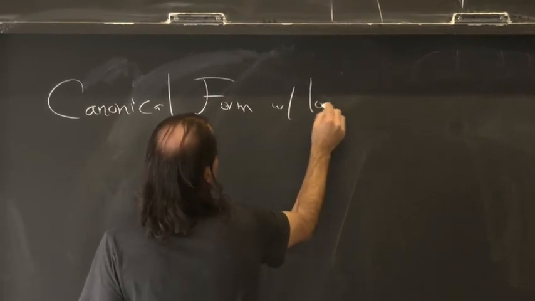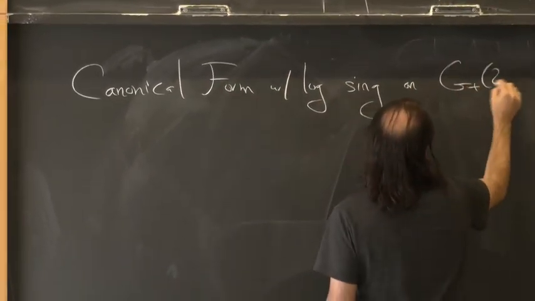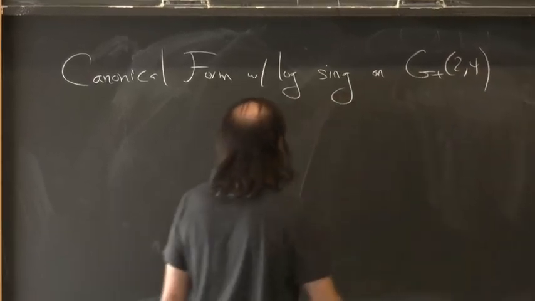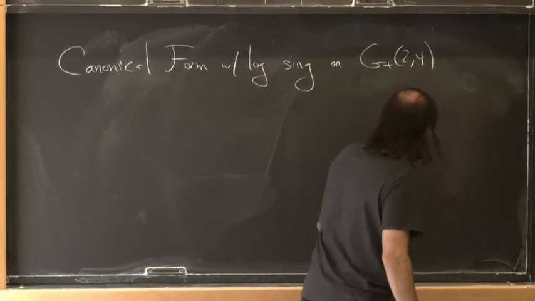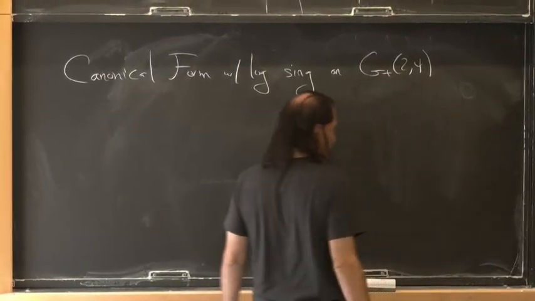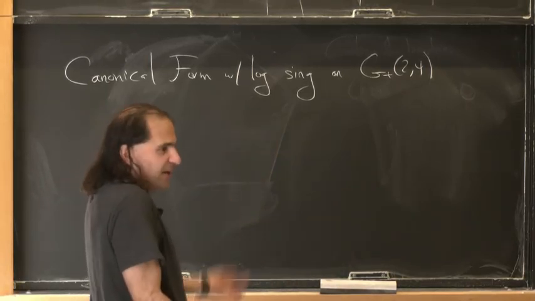I want to find a canonical form with logarithmic singularities on all the boundaries of G24. And again, I'm going to be a little bit loose today, but just so we see what the answer looks like. What should this form be?